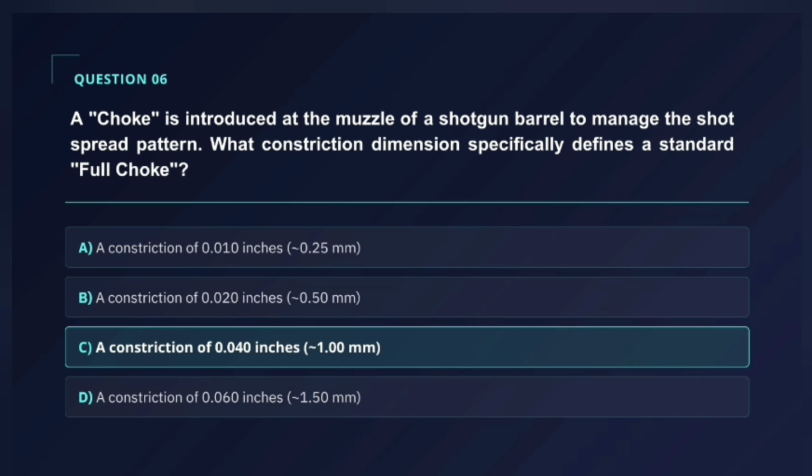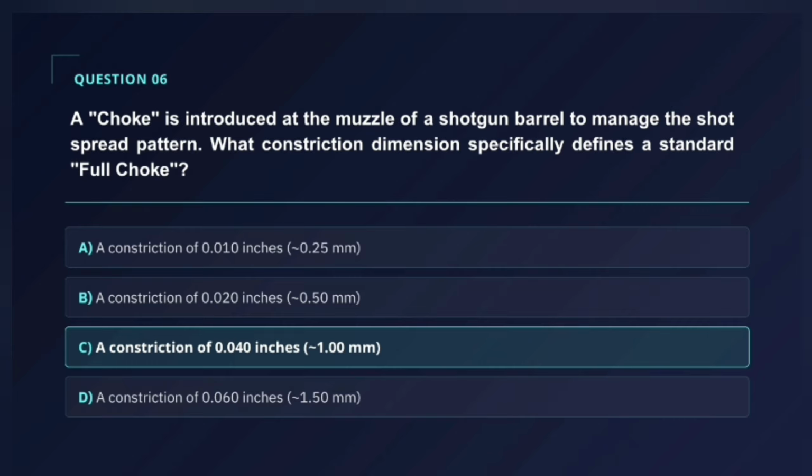Next up, we have the sixth question, which asks that a full choke is introduced at the muzzle of a shotgun barrel to manage the shot spread pattern. What construction dimension specifically defines a standard full choke? The correct answer is C, a constriction of 0.040 inches.